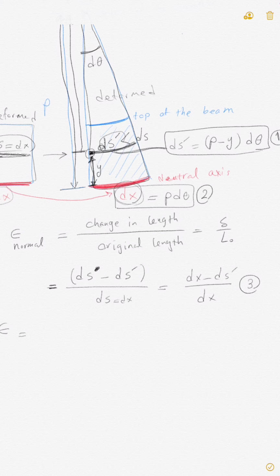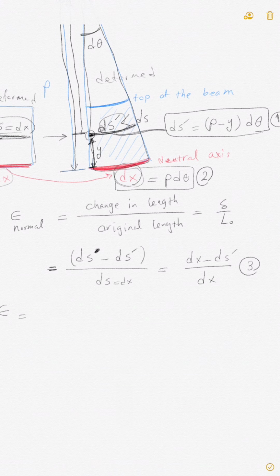But I just write it in positive to get just the magnitude of it. So epsilon normal, I just plug dx from equation 2 and ds prime from equation 1. So epsilon normal is equal to rho d theta minus, instead of ds prime, I write rho minus y d theta, divided by dx, which is simply rho d theta.